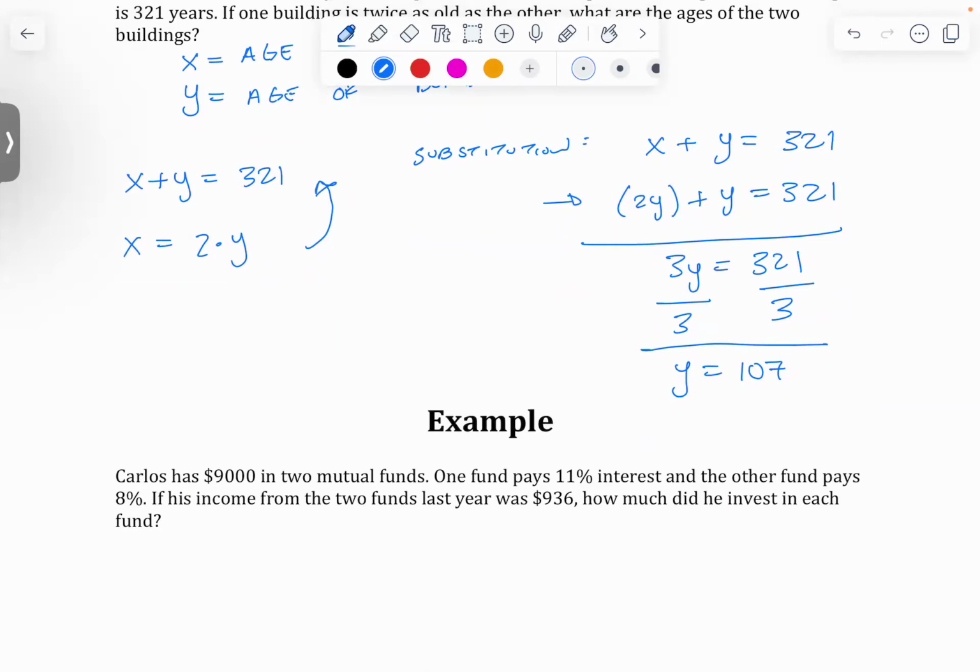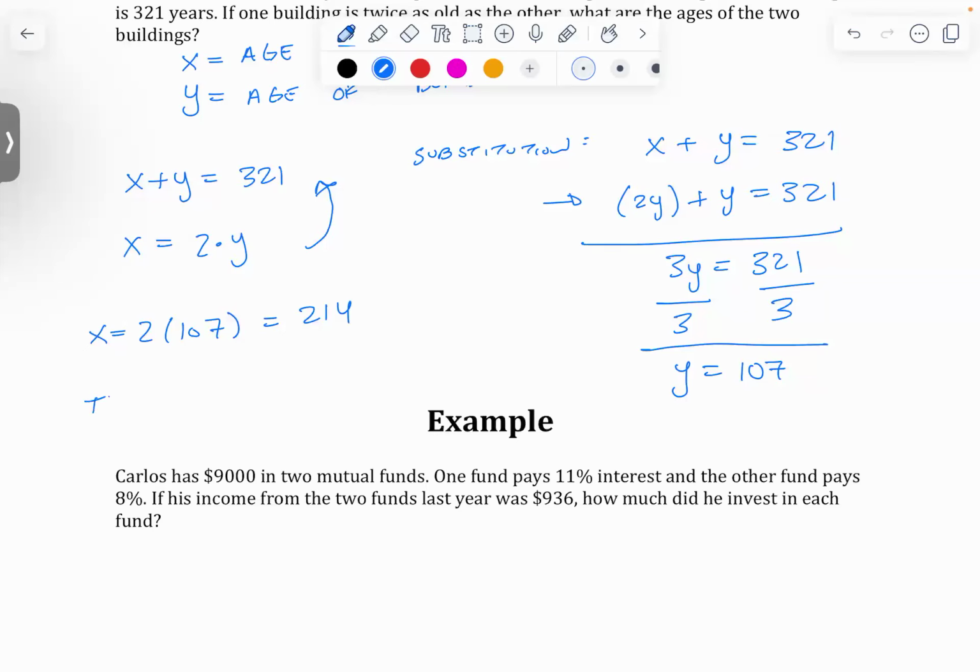I can then take that value and solve it for X. X equaled 2Y, which becomes 2 times 107. 2 times 107 is 214. And then it's always good habit if it started in a sentence to end in a sentence.